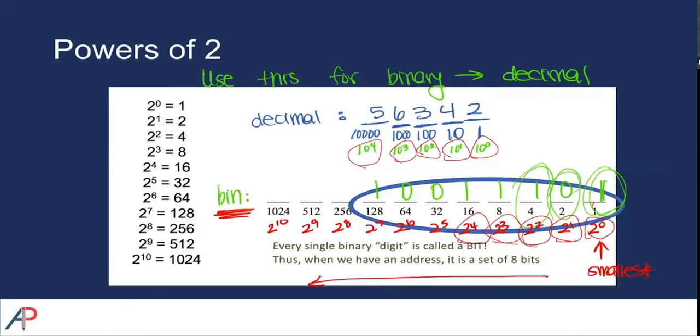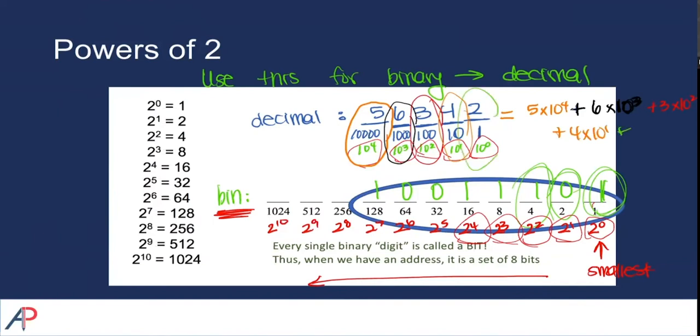When I expand my number for decimal, this is exactly the same thing as 5 times 10 to the fourth, because the 5 is in the 10 to the fourth place value, plus 6 times 10 to the third power, plus 3 times 10 to the second power, plus 4 times 10 to the first power, plus 2 times 10 to the 0th power.